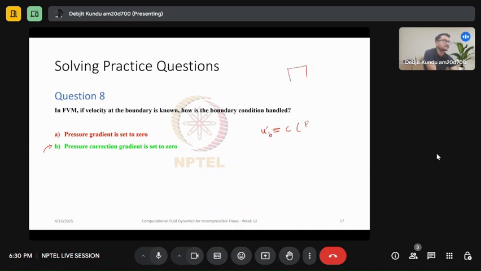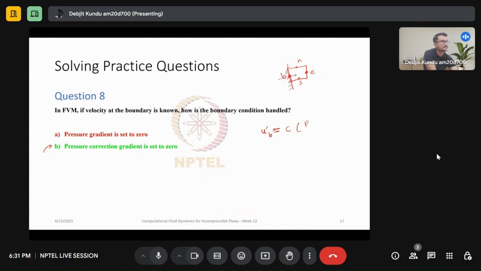So let's say at the boundary, if this is our boundary, and this point we call B, and we will have another face E over here, and there might be some N and S as well, but we don't care about them for now.